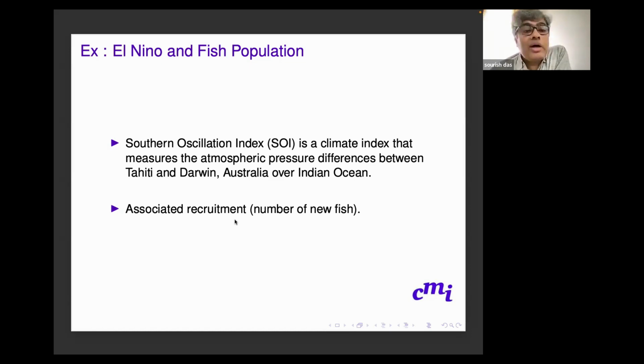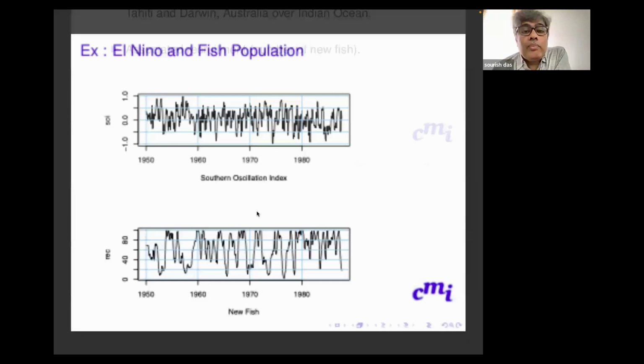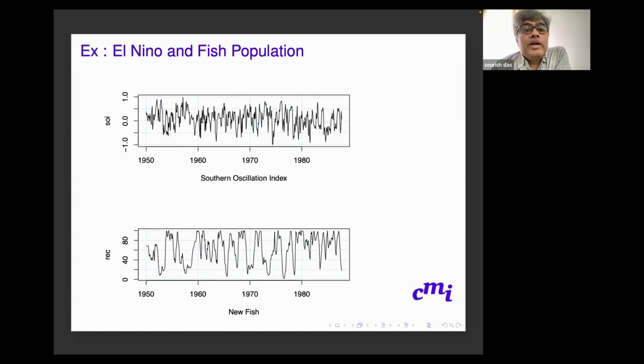Now, so this will be a time series. Along with that, you study associated recruitment, which is the number of new fish the fishermen are catching in the same area. And now you can see that between 1950 and 1990, in the Southern Oscillation Index there is a sort of pattern. Some kind of sinusoidal pattern is there.